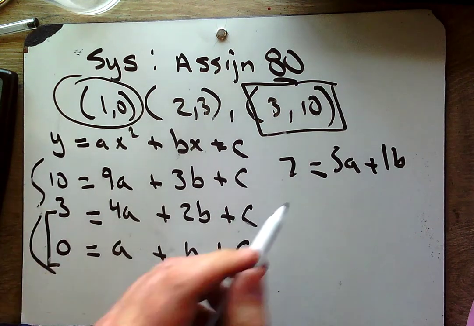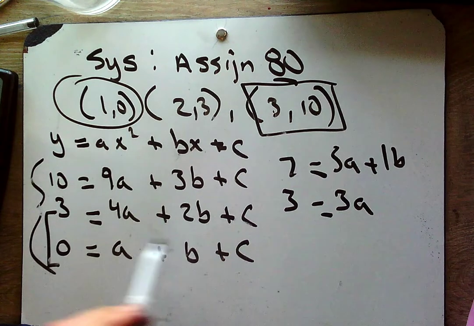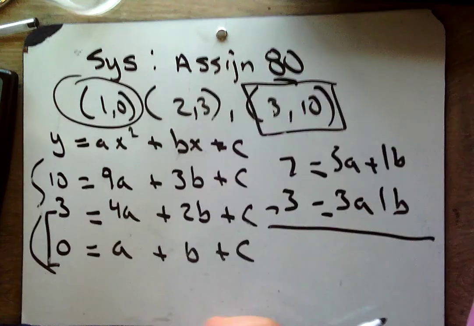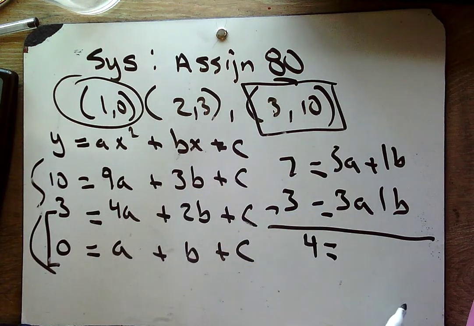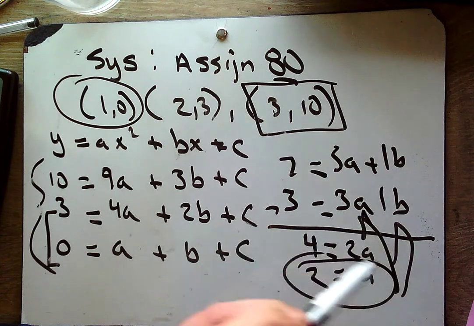This minus this, and this minus this, 1b. Now the cool thing is, look, they're both 1b. Oh my goodness, I just have to subtract. So 7 minus 3 is 4. 5a minus 3a is 2a. So a equals 2.